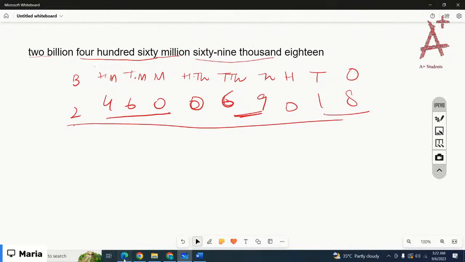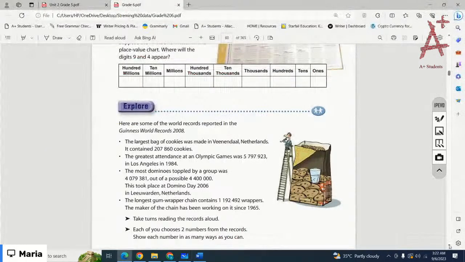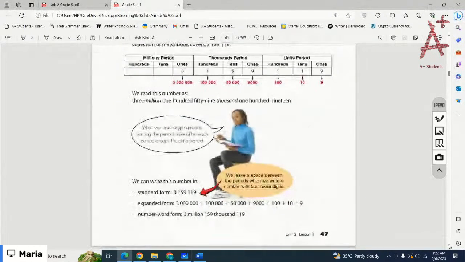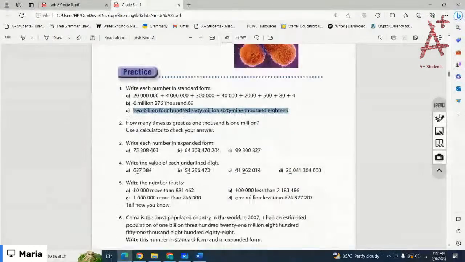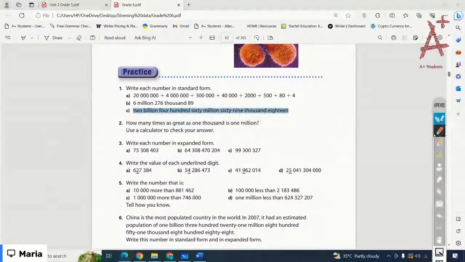Okay, let me be quick. Let's start with question number 2. How many times as great as 1,000 is 1 million? Basically you have to see how much greater 1 million is than 1,000.